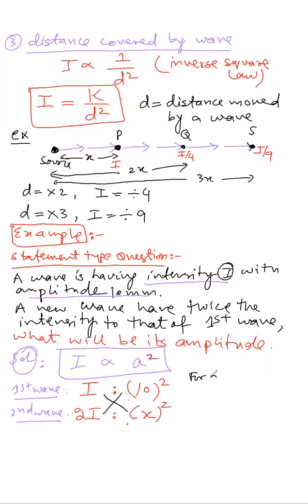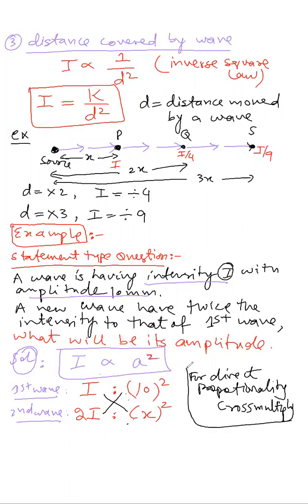For direct proportionality, cross multiply. In case the things are inversely proportional, then you make a ratio and then multiply linearly.